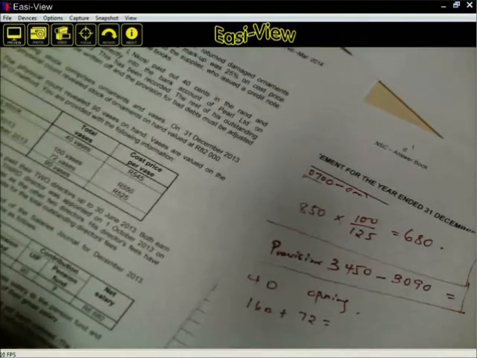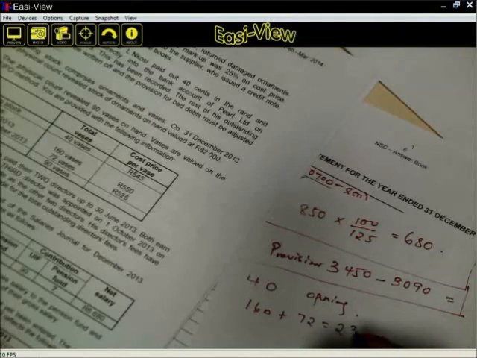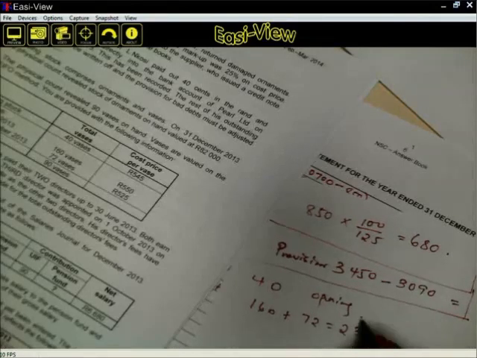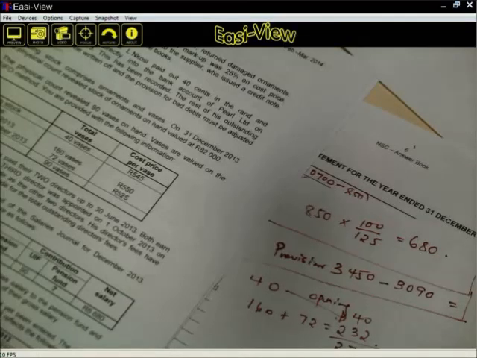Then we have 232 vases plus the 40 of opening. It means we had 272 vases in all. So if we have 272, then we are left with 90.